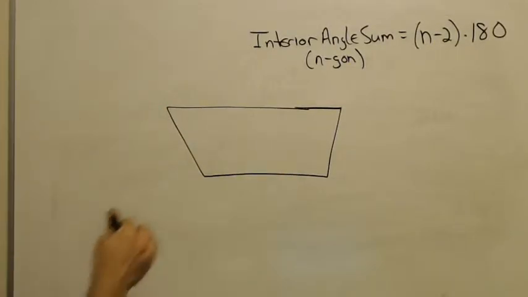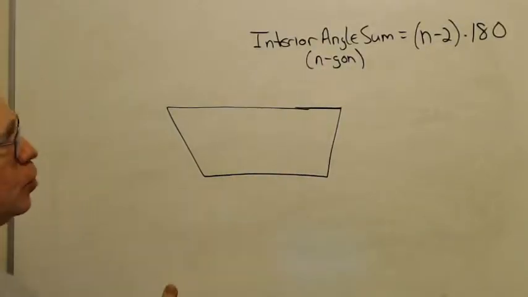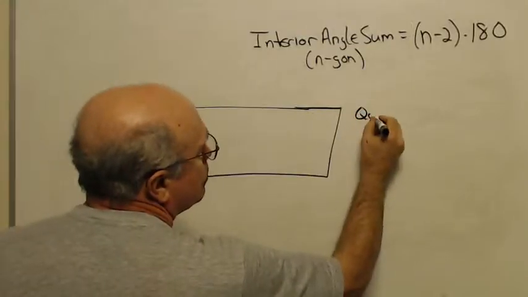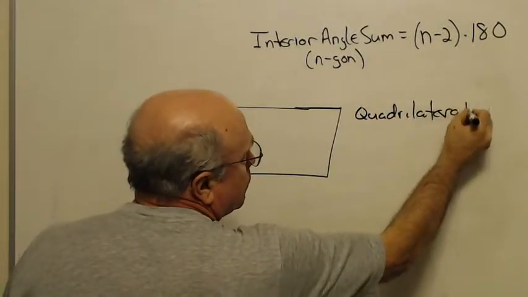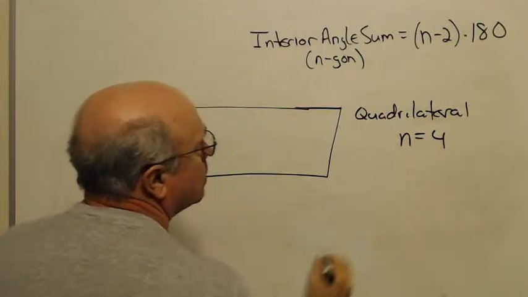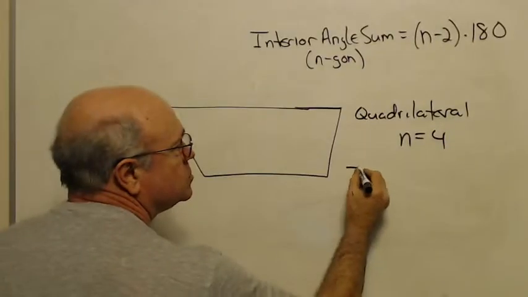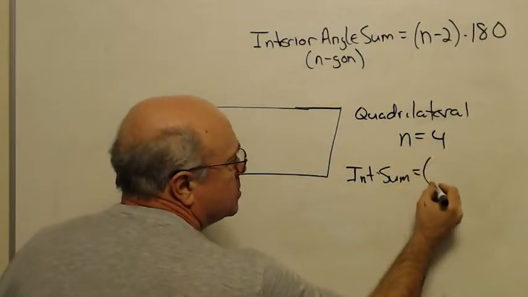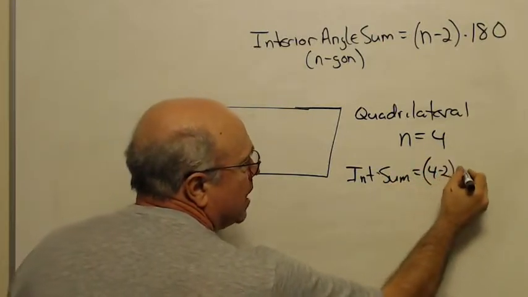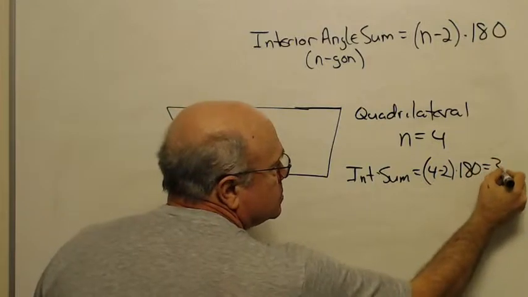We've got this four-sided figure. So in terms of an n-gon, it's called a quadrilateral. The number of sides is 4. So its interior angle sum, we already said is 4 minus 2 times 180 is 360.